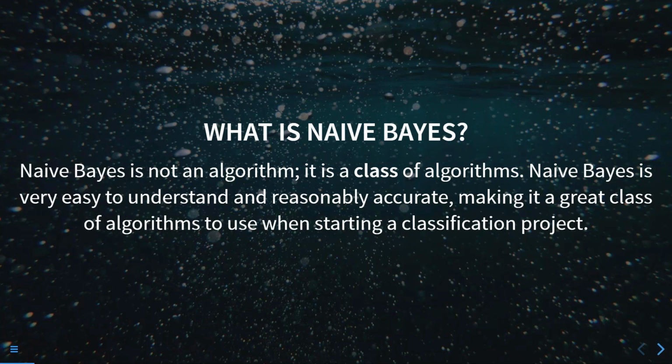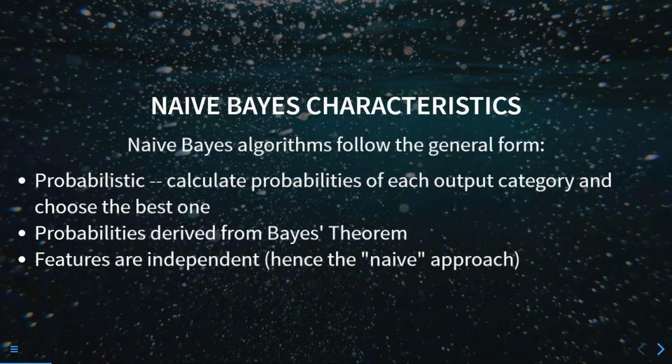If it does poorly, it's not necessarily the end of the world, but it may be an indicator that you might not have the right data or you might not have the right problem. So it's a good indicator that gives you an answer fast. Naive Bayes algorithms are going to follow a general form. They are all probabilistic.